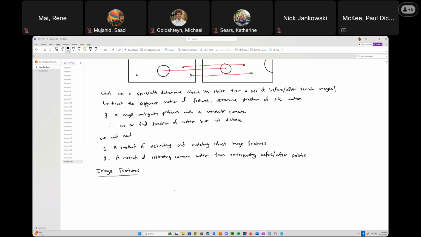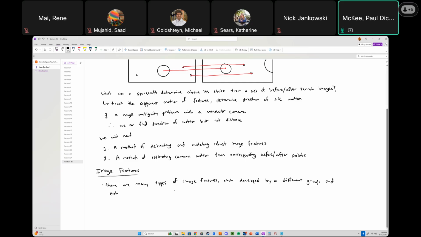Okay. So there are many types of image features, each developed by a different group and each with unique strengths and weaknesses.